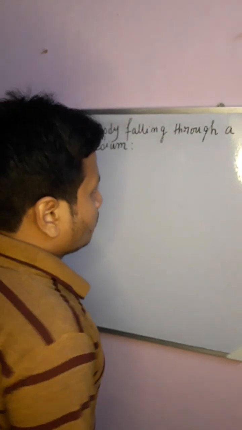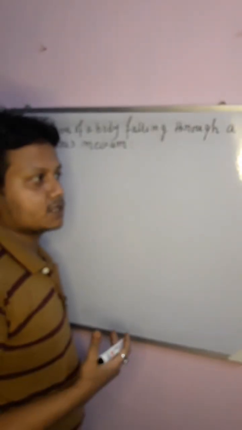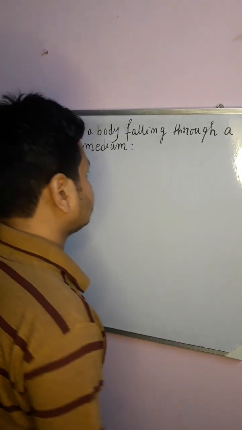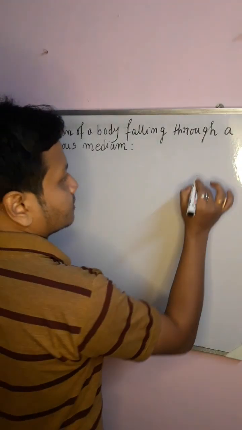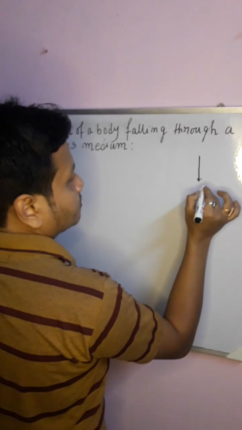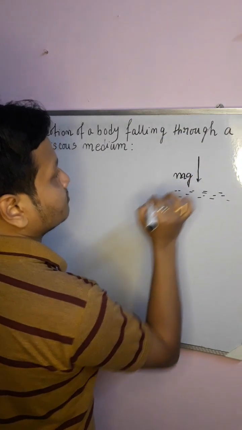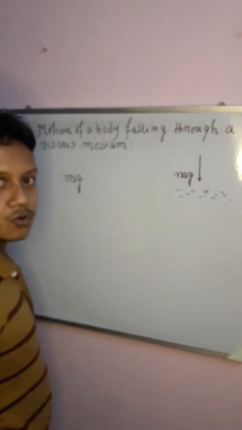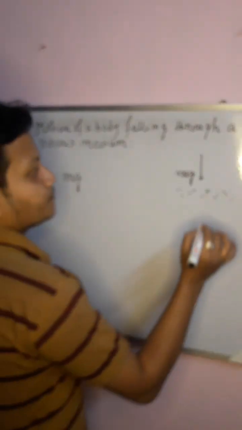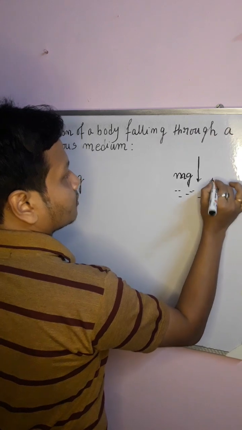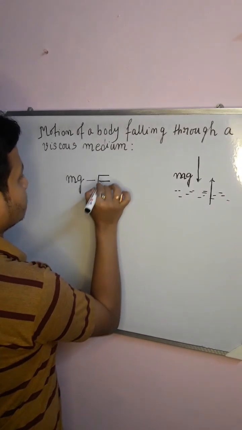Now suppose an object of mass m is moving through a viscous medium, say of viscosity eta. What happens if an object passes through a viscous medium? Obviously, on the object there is a downward force mg. A viscous force acts in the opposite direction, let this viscous force be f.